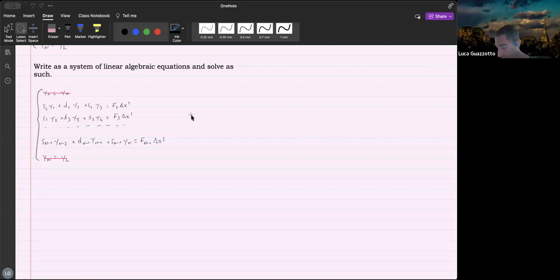And then what I'm going to do is take this and bring it to the right hand side. And the same thing here for the last equation, except that I'm going to remove the last term instead of the first one.